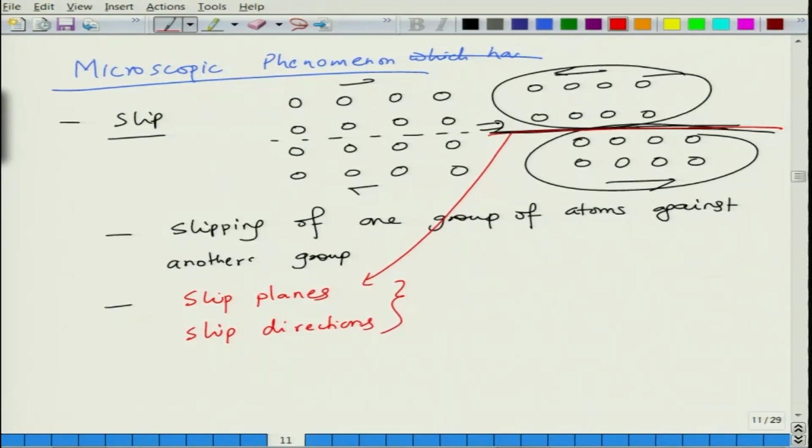Together they make what we call a slip system. For every given crystal structure there is a specific set of planes and directions on which atoms tend to slip against each other. So, this is the phenomenon of slip.